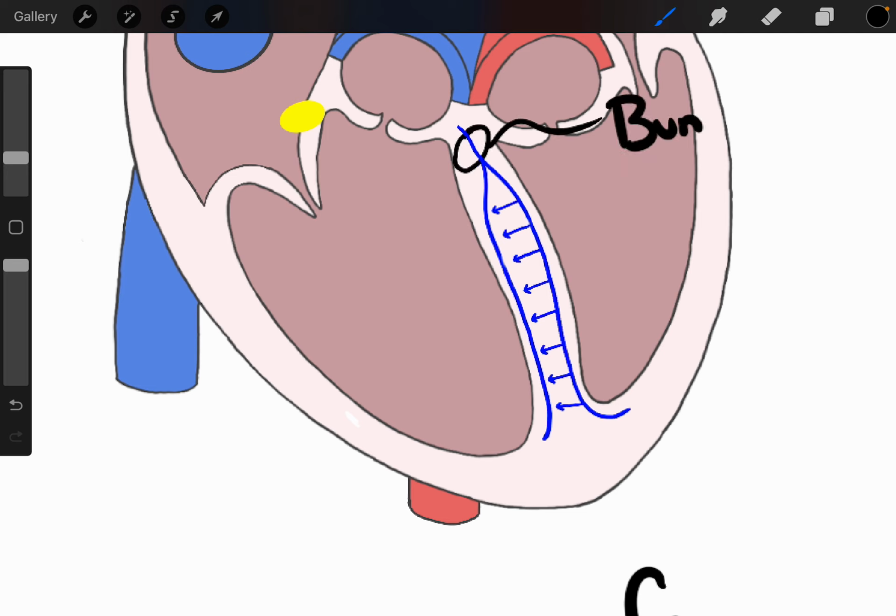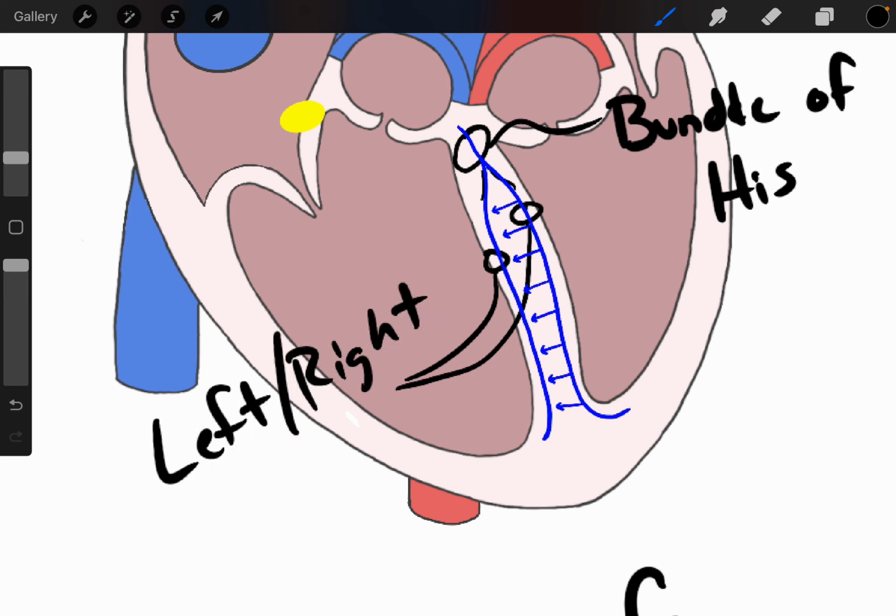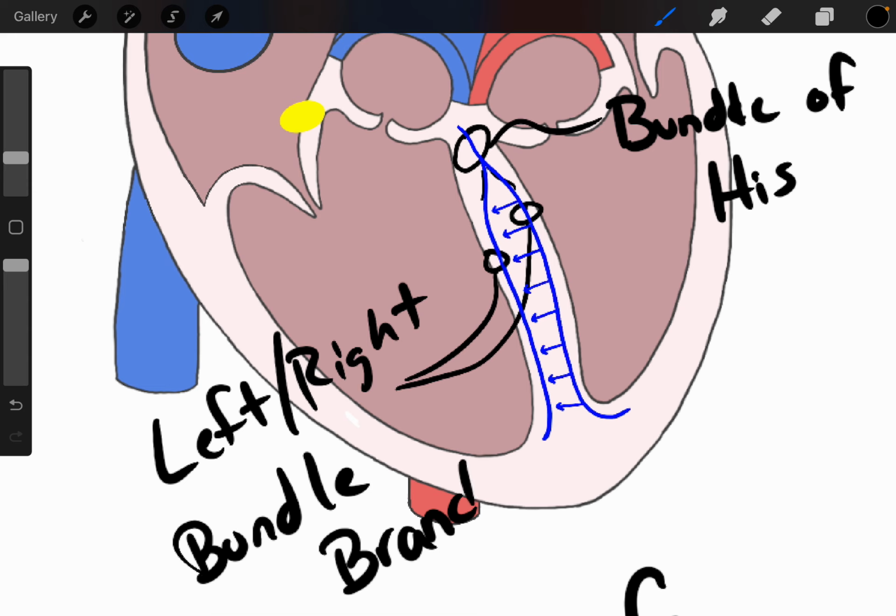This is called the bundle of His, and then it splits into what we're going to call the left and right bundle branches. So these are nerves that run down through the interventricular septum that help to depolarize that middle section of the heart.